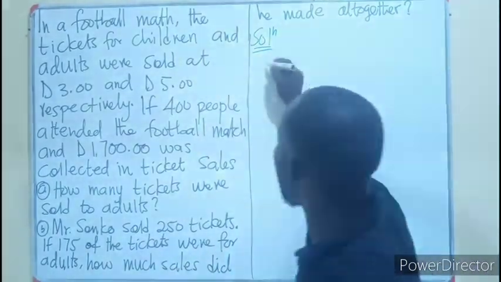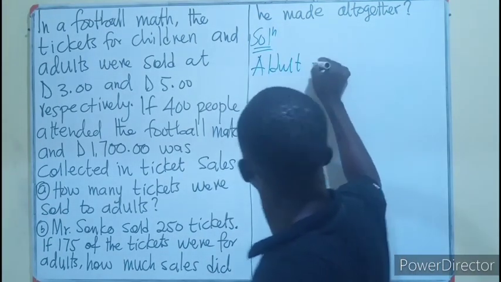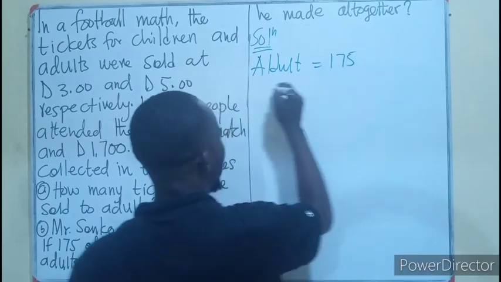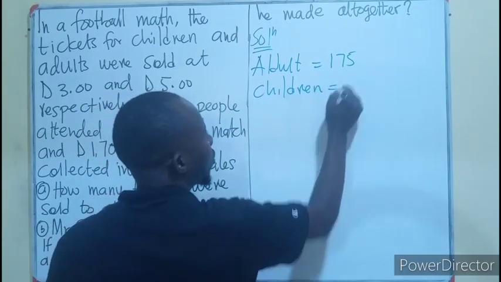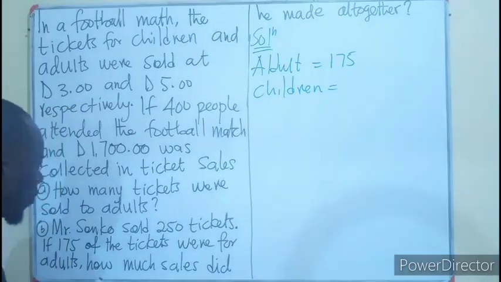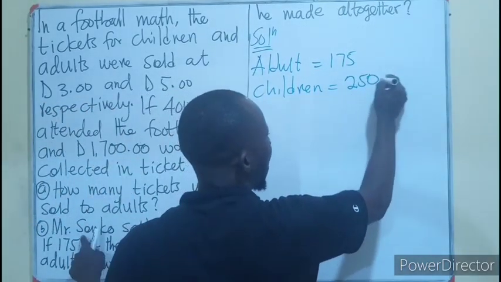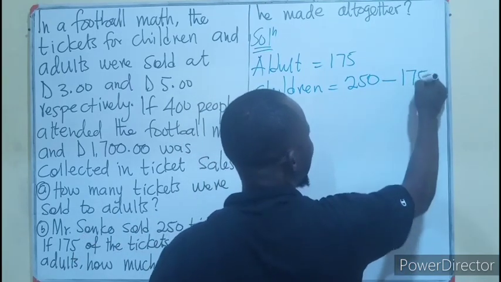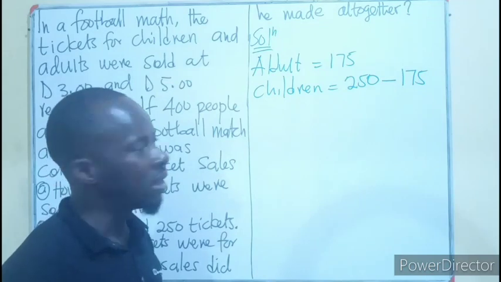We know that adults are 175. So what will be the number of tickets going for the children? Since there are 250 of them, we subtract 175 from that in order to get the number allocated for the children.